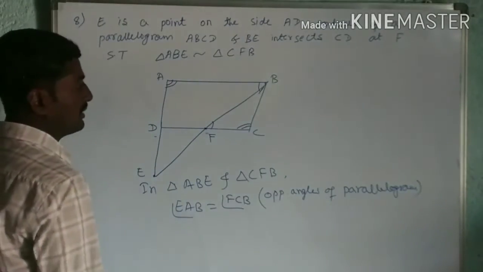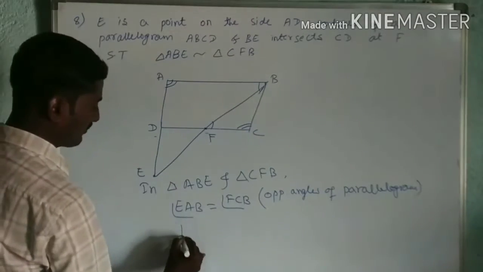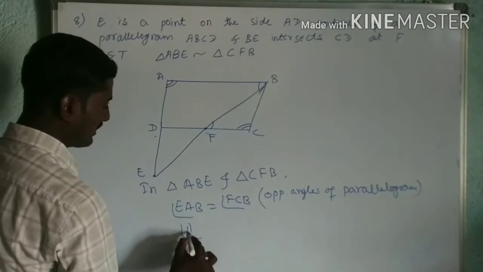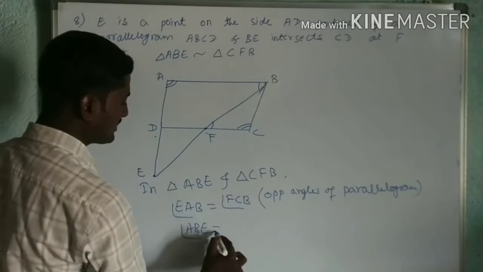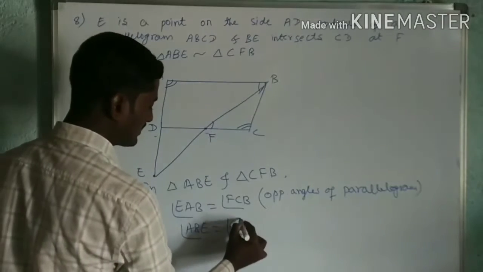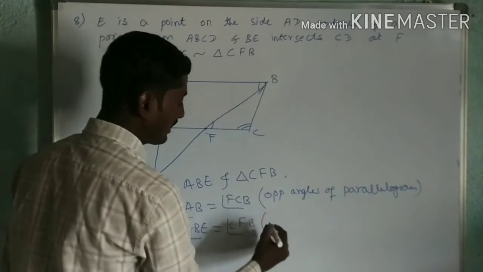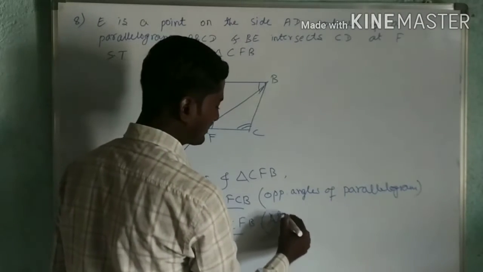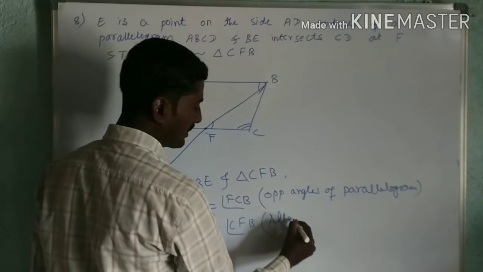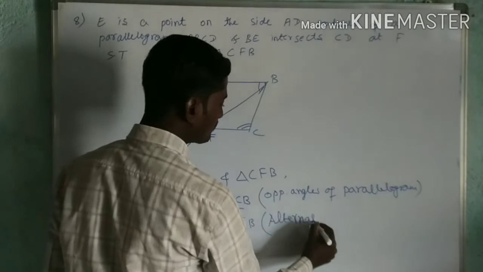Then these two angles are equal. For this triangle I will take ABE. Angle ABE is equal to this angle CFB. These are alternate angles, or interior alternate angles also I can say.